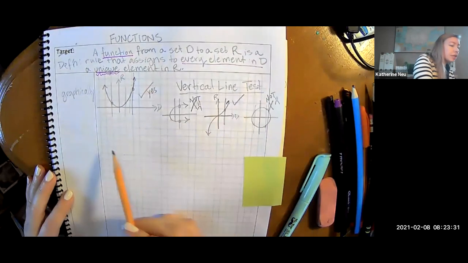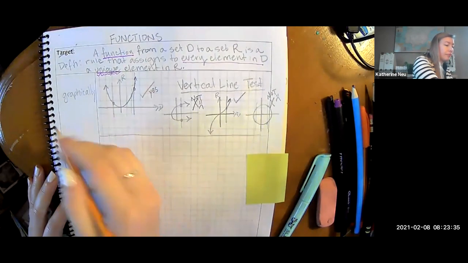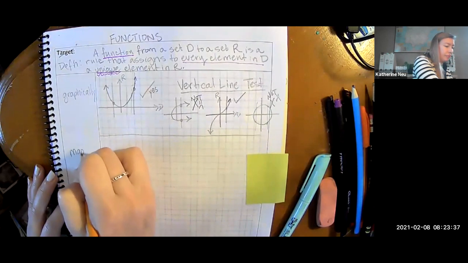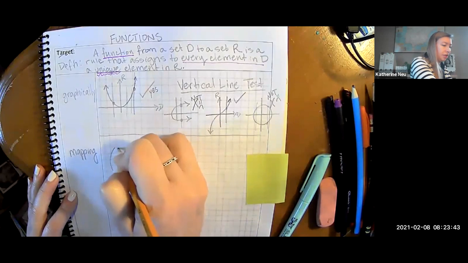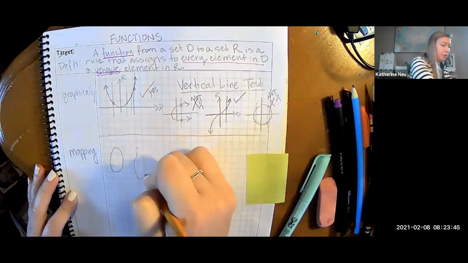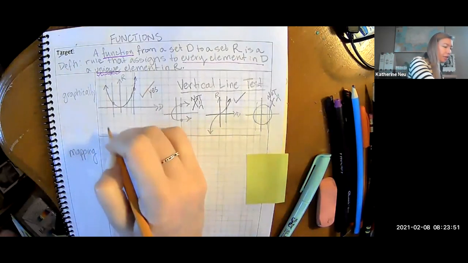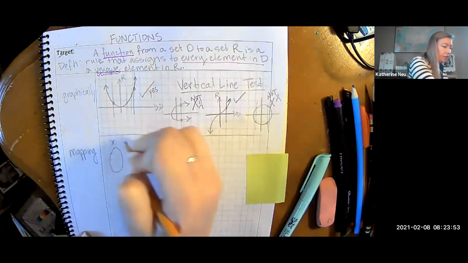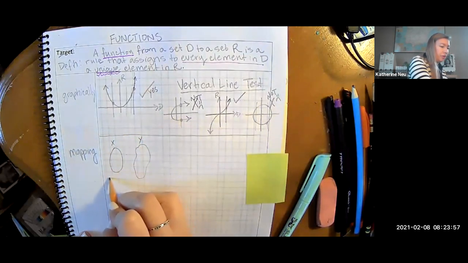Another way to do it is by mapping. And they kind of draw like these bubbles here, right? Maybe my bubble over here is a little jagged, like these little ponds or whatnot. And so you have your X, your input, and then your output, also known as D for domain. We're going to talk about that in a bit.